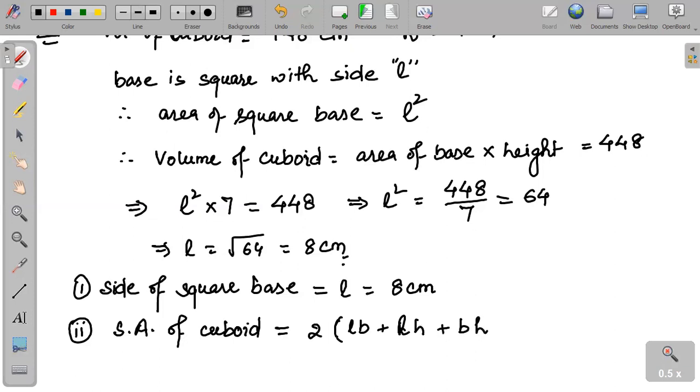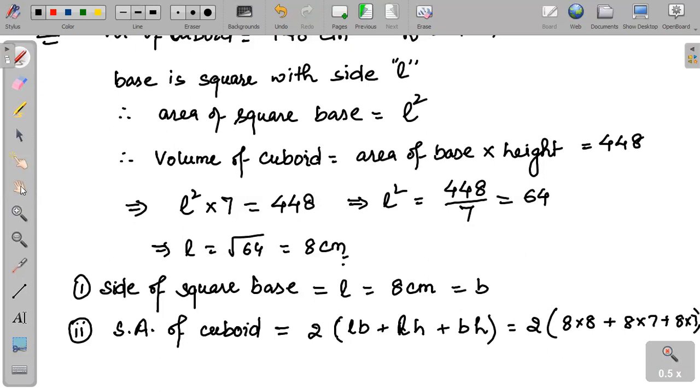It's TSA, total surface area. Surface area का मतलब total surface area. And this is also equal to breadth. L is equal to B is equal to 8 centimeter. So it will be 2 into 8 into 8 plus 8 into 7 plus 8 into 7.